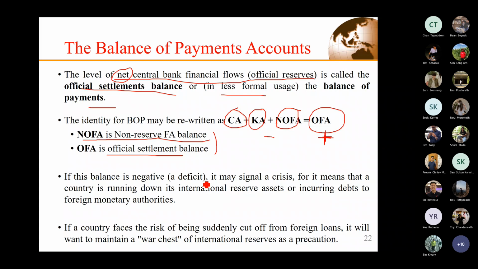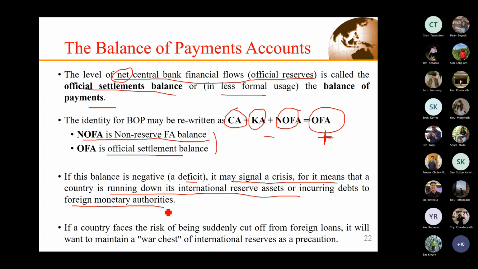If the balance is negative, or a deficit, it may signal a crisis, for it means that the country is running down its international reserve assets, or incurring debt to foreign monetary authorities.